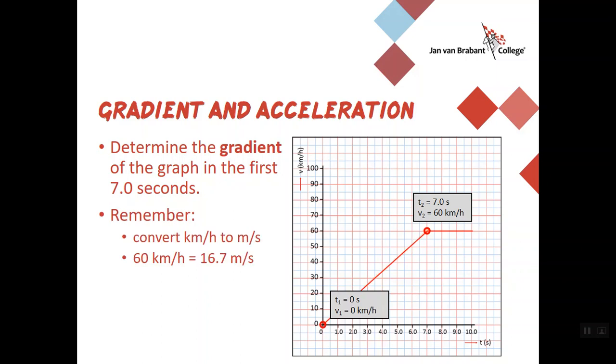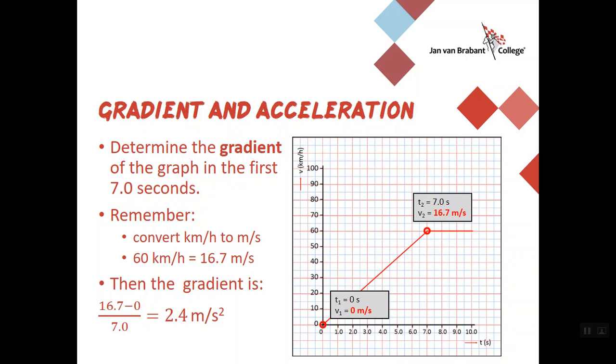But remember, we should always convert that to meters per second. And that means that the change in velocity is also 16.7 meters per second. Now we can calculate the gradient as follows. The gradient is 16.7 minus 0 divided by 7, which again equals 2.4 meters per second squared, as it should.